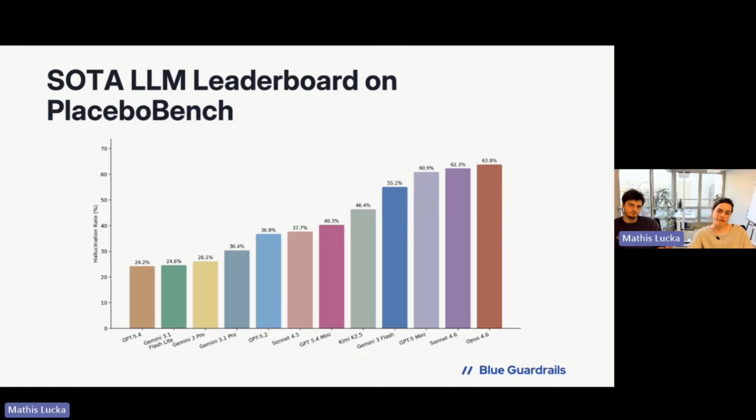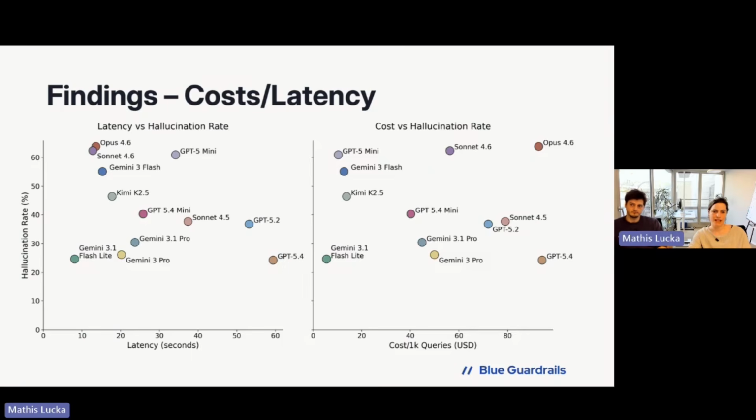Now, while GPT 5.4 and a few of the Gemini models seem to behave pretty similarly, we also have to look at the cost and the latency, because when you pick an LLM, that's definitely a consideration. This chart looks chaotic, but it's actually pretty easy.